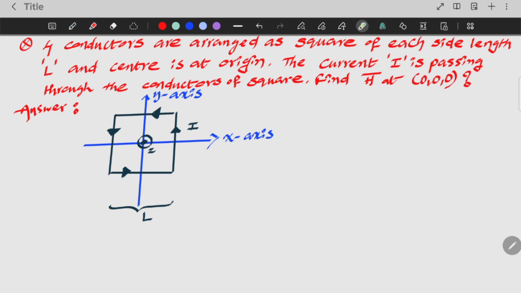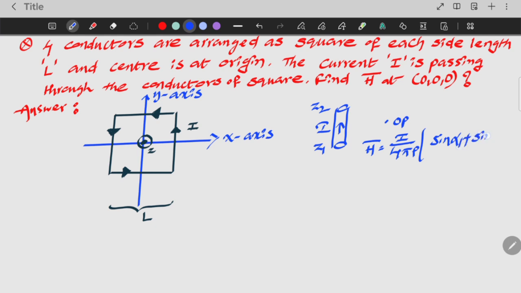From our basics, when you have a finite conductor where the DC current I is passing, and if the observation point is in between Z1 and Z2, the lower end and upper end of the conductor, that means wherever you want to calculate the magnetic field intensity, if its height is in between Z1 and Z2, H bar is given by I by 4 pi rho into (sine alpha 1 plus sine alpha 2) into phi cap.